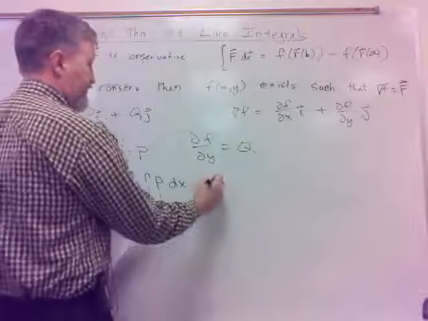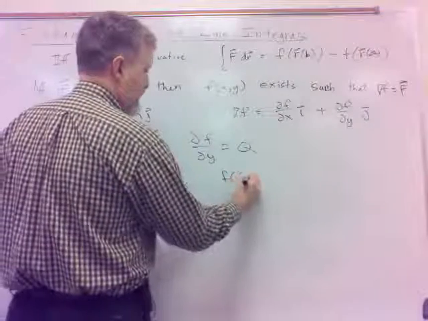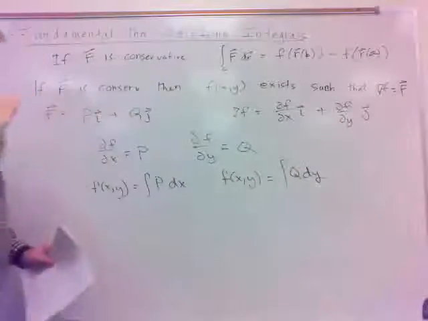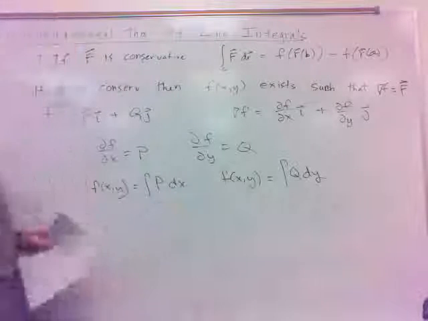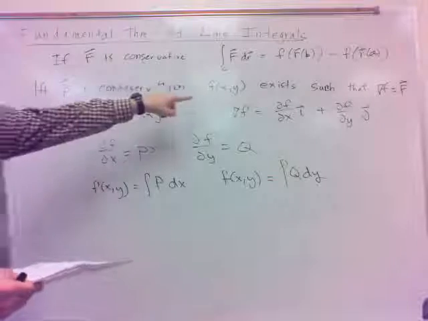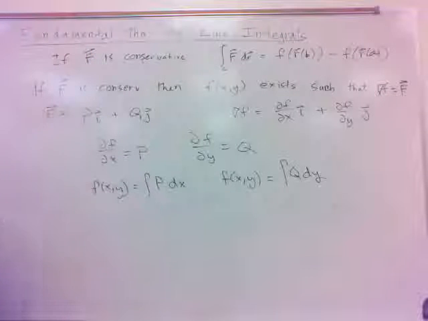And also, if we integrate the same way, but this one with respect to y, that'll give us f of x y equals the integral of Q dy. So we wind up with 2 possibilities for finding our f of x y. That's our goal here. We know it exists, and sometimes you use one, and sometimes you use the other. It just depends on how easy things look.